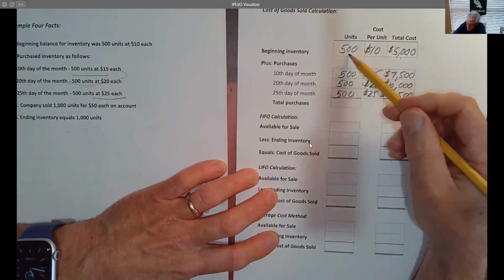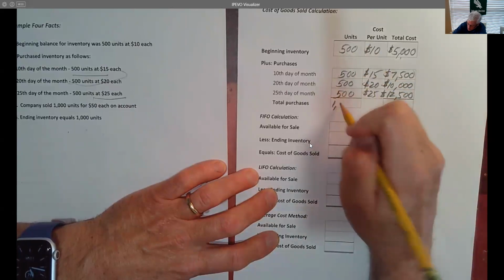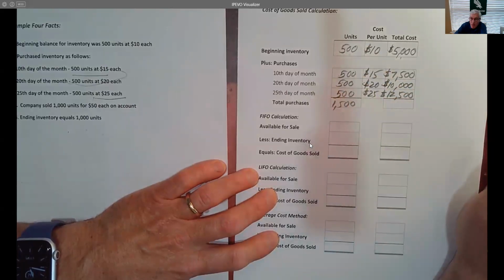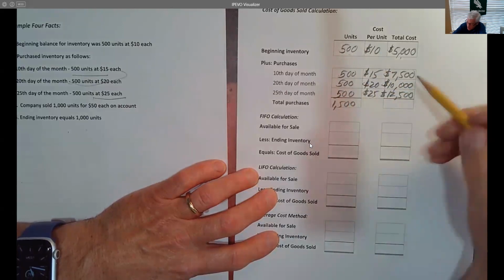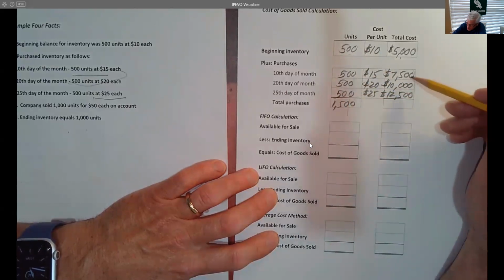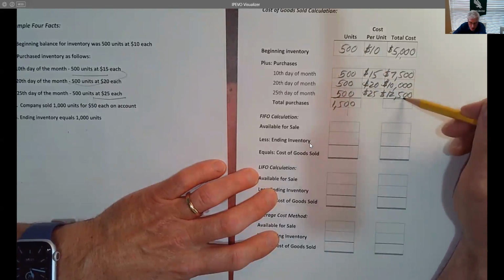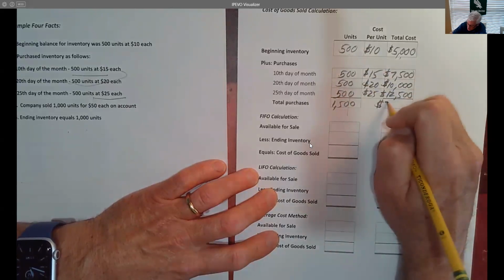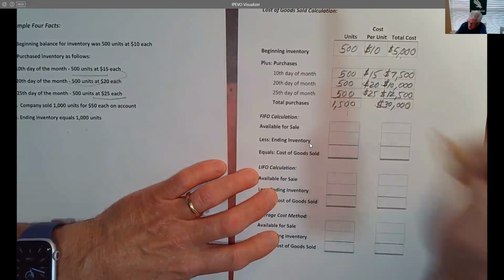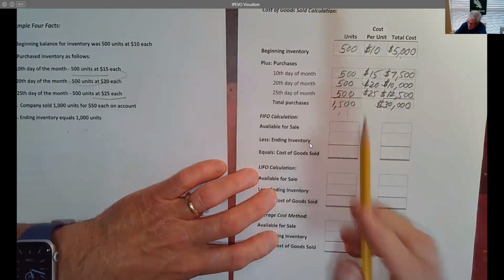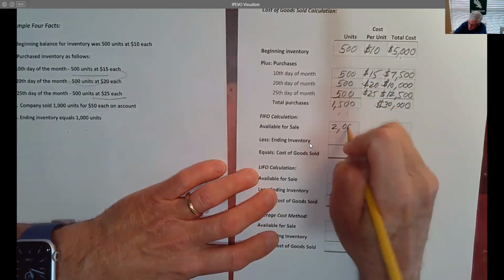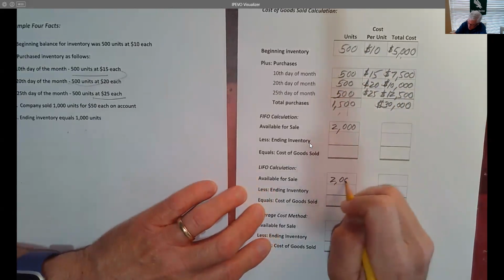Let's add down. What were our purchases? We bought during the accounting period 1,500 units. And then what were the cost of those units? It would be 7,500 plus 10,000 plus 12,500, $30,000. Now, what's available for sale? 500 plus purchases of 1,500, 2,000, and that's going to be true in all three methods.